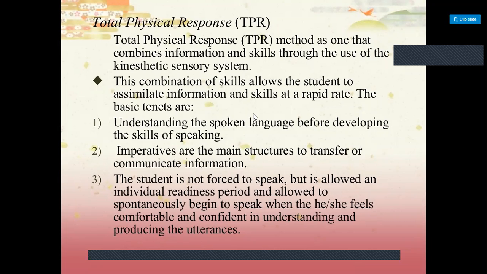So the students here were not forced to speak, but they were allowed to speak only when they felt very comfortable expressing their ideas, right? So spontaneity right here was going to be rewarded.